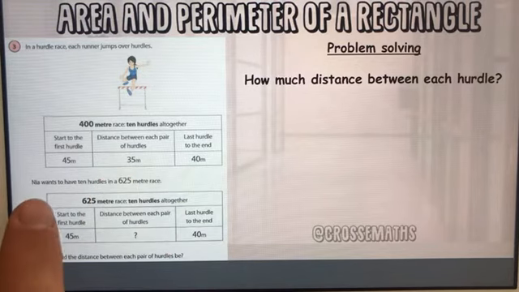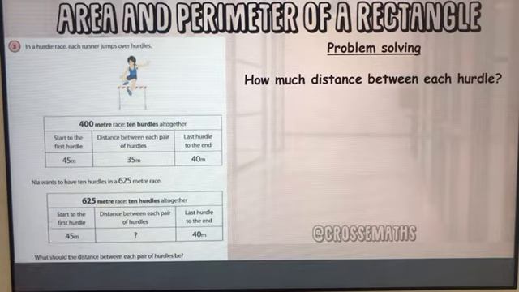Now, Nia wants to have 10 hurdles in a 625-metre race, so a little bit longer than 400. Okay. Start to the first hurdle 45 metres. What distance is between each pair if the distance to the last one is 40 metres as well?